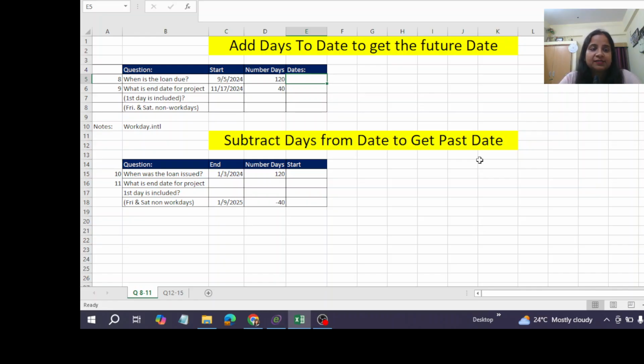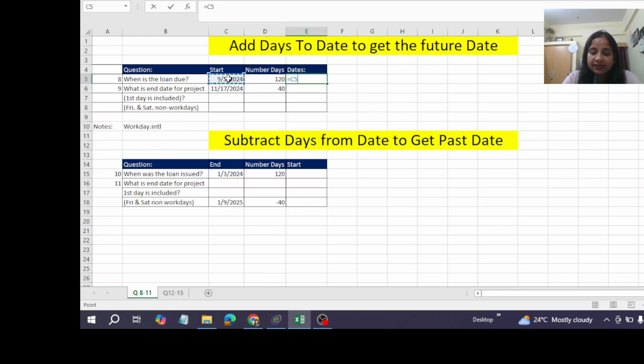So here we will start with question number 8: what is the loan due date? The start date is given and the number of days is given. While solving this question, we'll start with an equal to sign. We'll put the start date, since we have to know when the loan is due, meaning the end date of this loan.